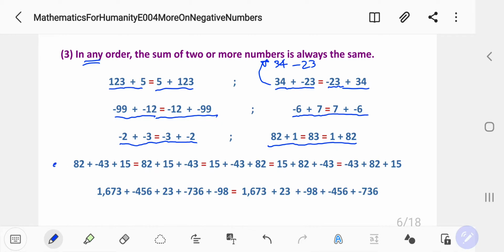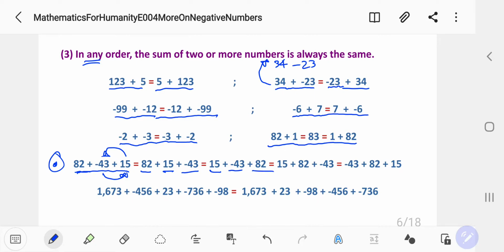So in this particular example here, you have 82 plus negative 43 plus 15. You can write that as 82 plus 15 plus negative 43. So you interchange this one with that one. So that's still the same. Or you can write 15 first, and then negative 43 and then 82.